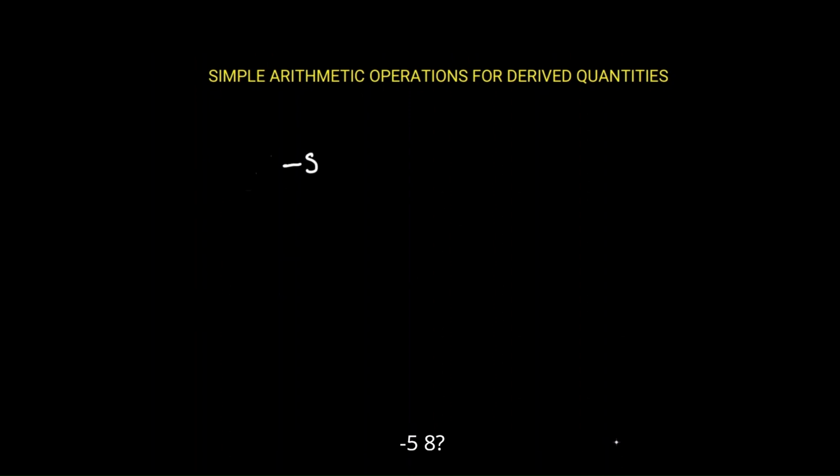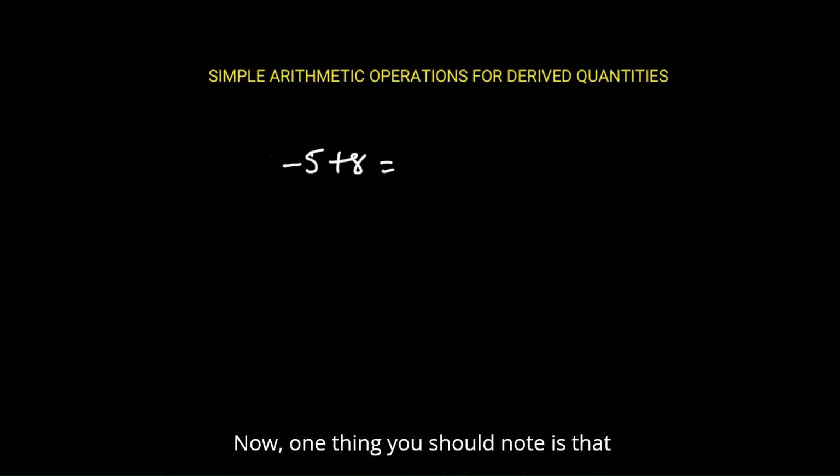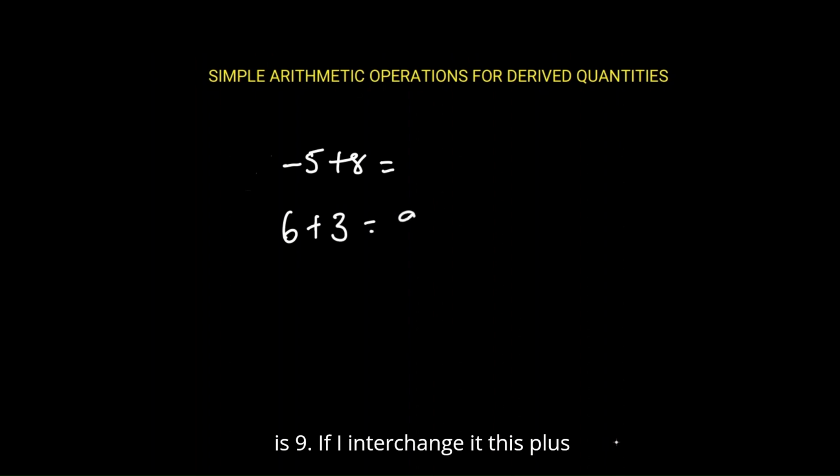What about minus 5 plus 8? Now, one thing you should note is that the plus sign is commutative. What do we mean by saying that the plus sign is commutative? You can interchange it and it will still mean the same thing. For example, 6 plus 3 is 9. If I interchange it to 3 plus 6, it will still give me 9.